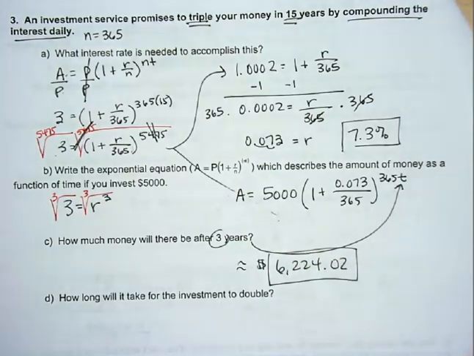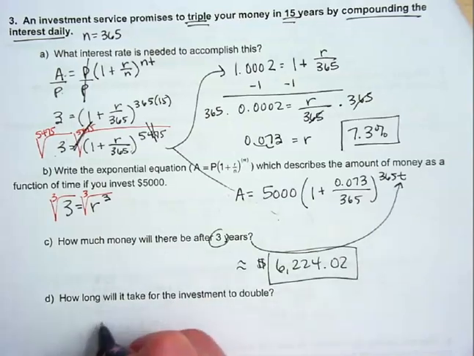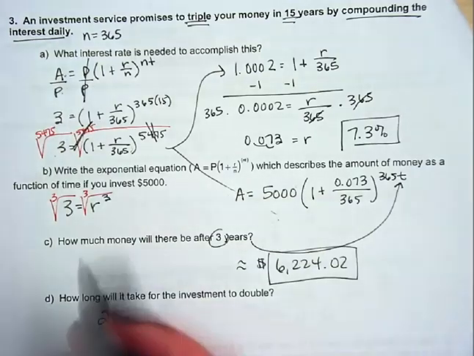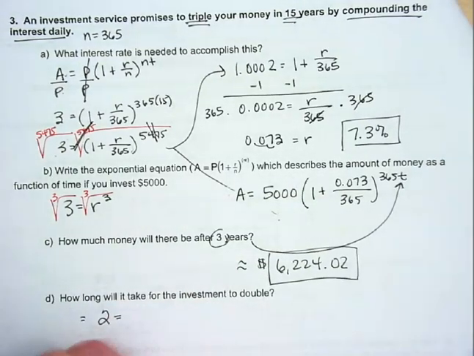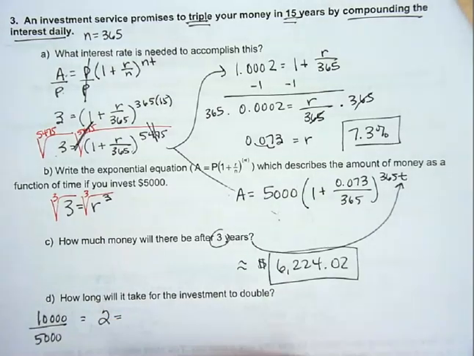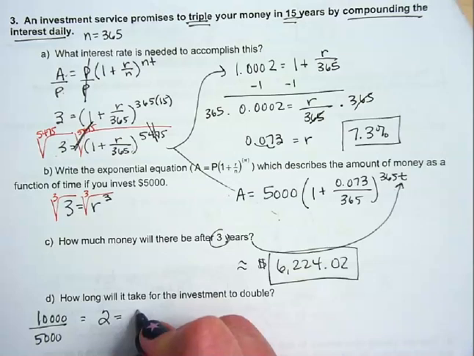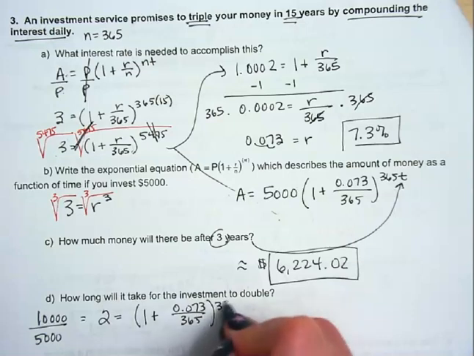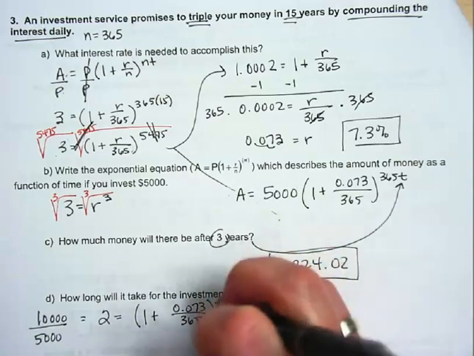And then how long will it take to double? Remember, that is going to be 2. If we already do the accumulated divided by the principal, that's going to give me 2. That's the same as 10,000 divided by the 5,000 principal amount, times 1 plus 0.073 over 365 to the 365t.